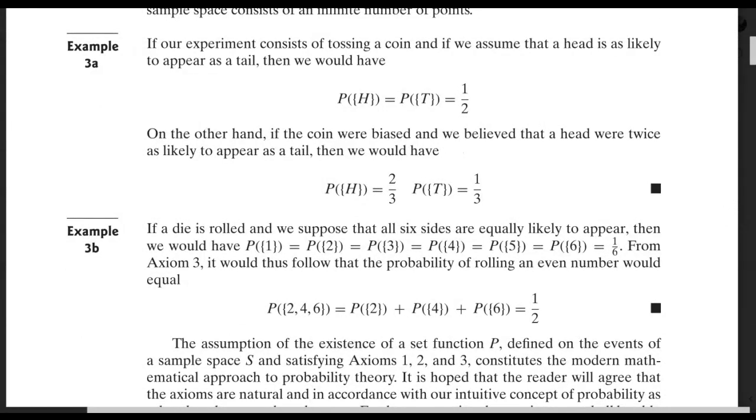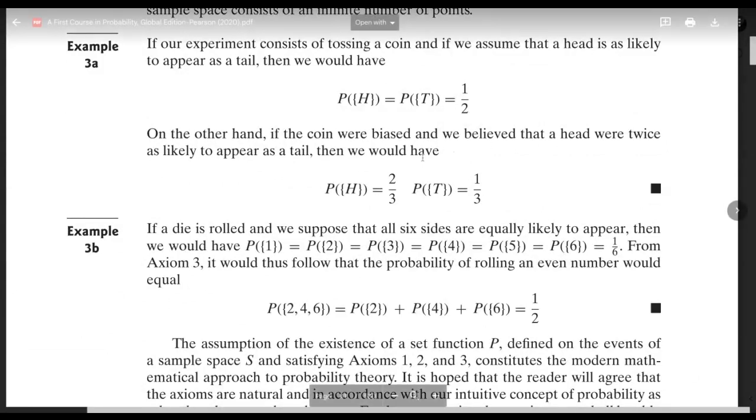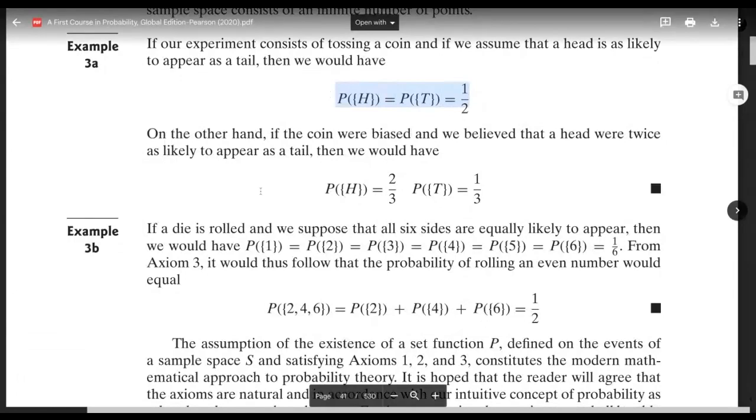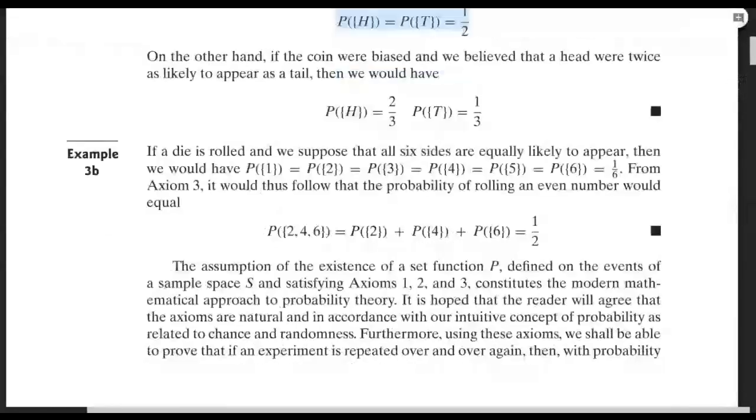Biased means the coin is not fair, it could land on the side or something else. And if we believed that a head was twice as likely to appear as a tail, then we would have something else. But for us, we don't use this, okay? We assume the coin is a fair coin.